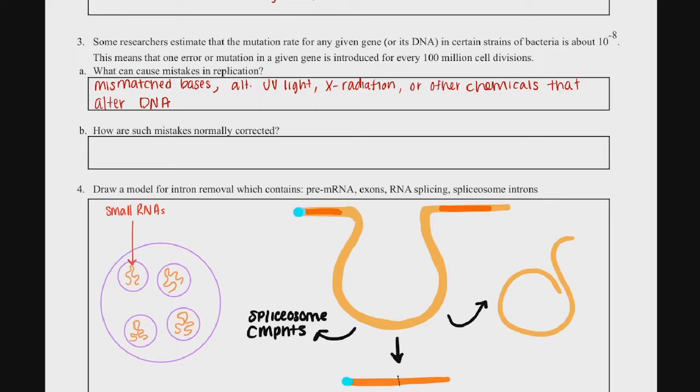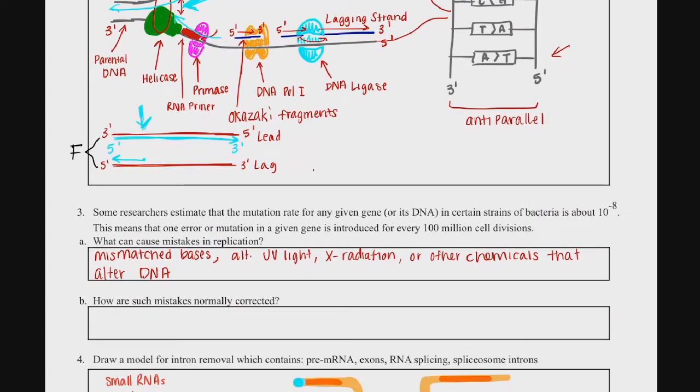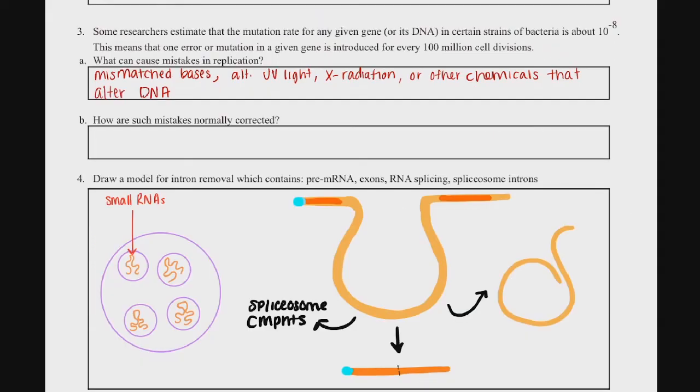But errors introduced by X-rays and other factors are generally repaired by different DNA repair enzymes that are specialized for that kind of function. So mistakes are corrected by DNA polymerase's ability to proofread.